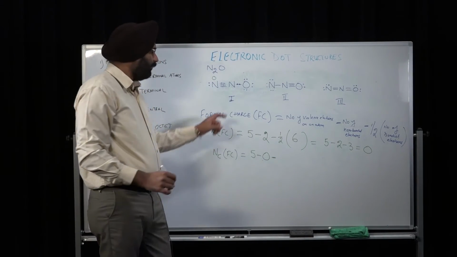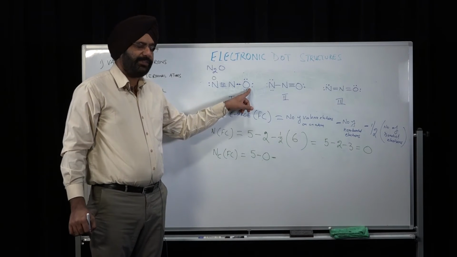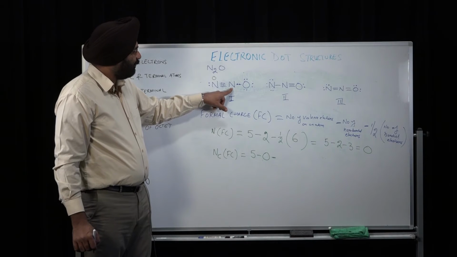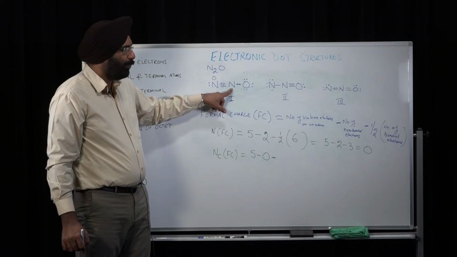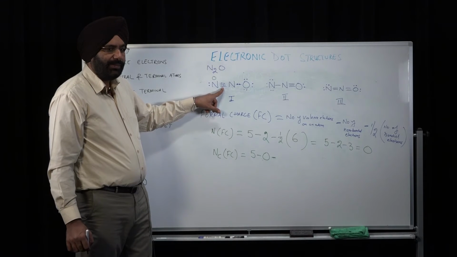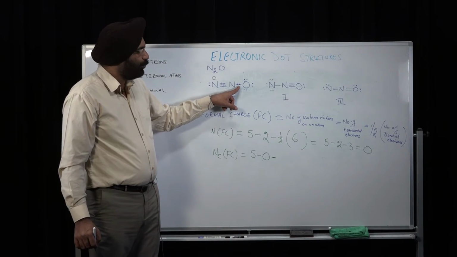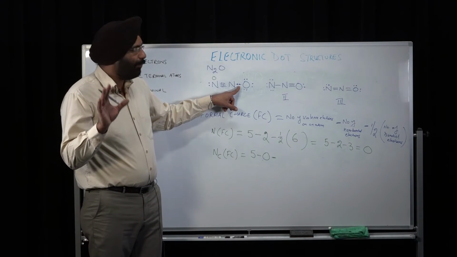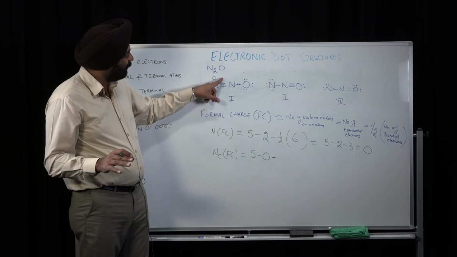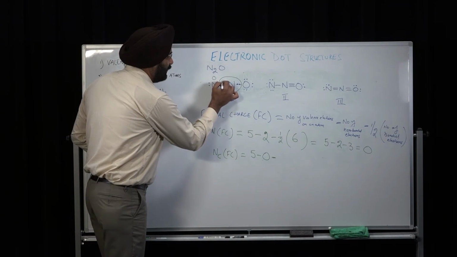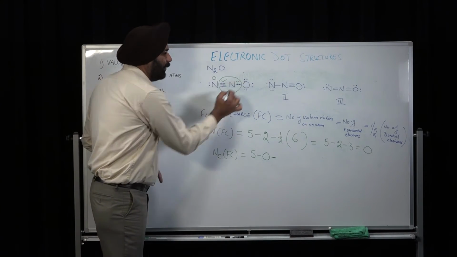minus, for this nitrogen atom, if I see here, the number of bonded electrons is 6 from this side and 2 from this side. So in total there are 8 bonded electrons. I again repeat, 6 from this side, and 2 from this side.